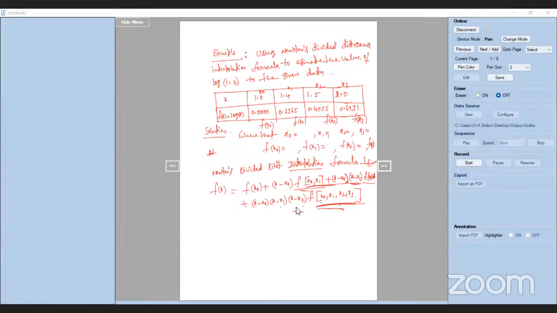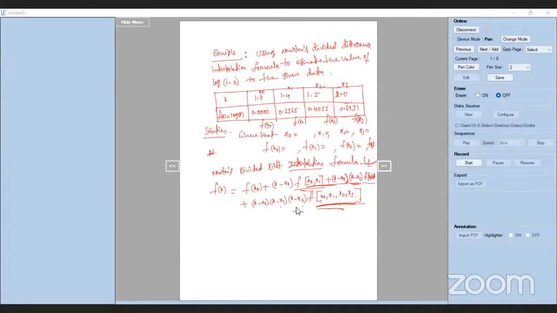Page number 23, example 8. Page number 24, SAQ 8. Similarly, page number 25, example 9, and page number 26, SAQ 9.